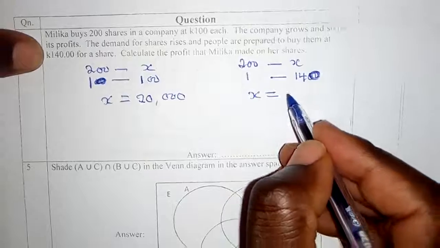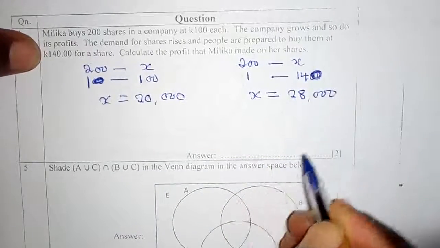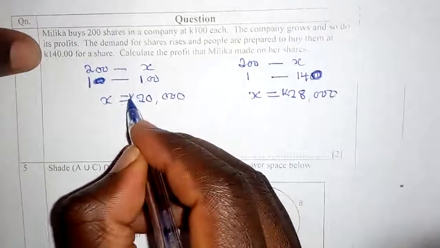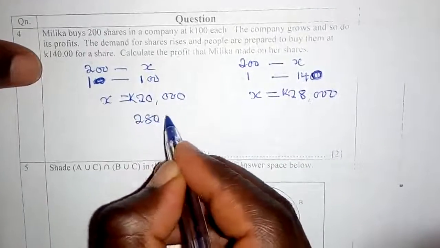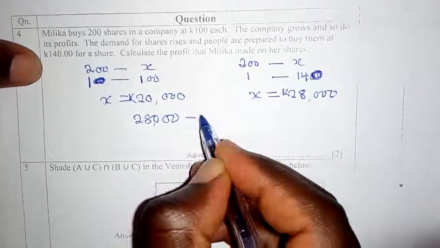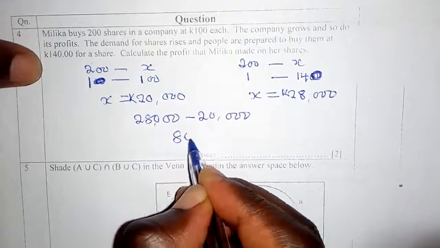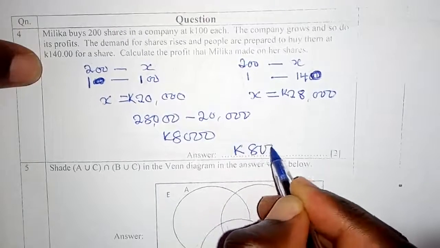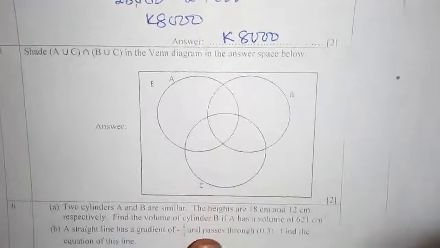We have something like 28,000. Okay, so we have 28,000 kwacha here and 20,000. So we'll say 28,000 kwacha minus 20,000, and we'll get 8,000. So the profit is 8,000. We go to the next question.